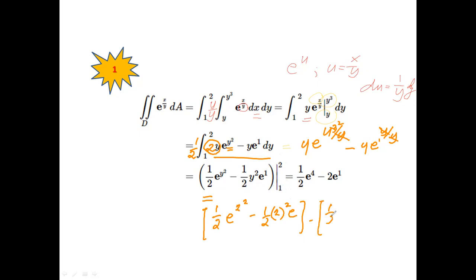So you have 1/2 e raised to 1 squared, which is 1, minus 1/2 1 e, so that would be e. Okay, so this entire thing cancels itself. We cancel 1 here, you have 2e.